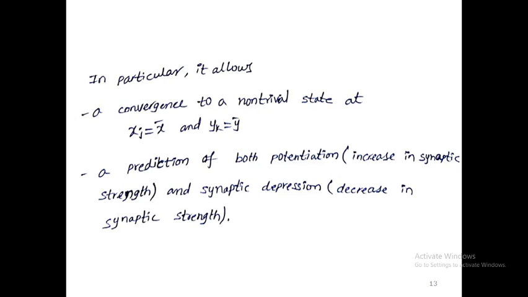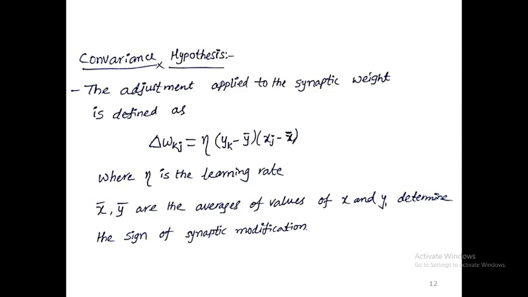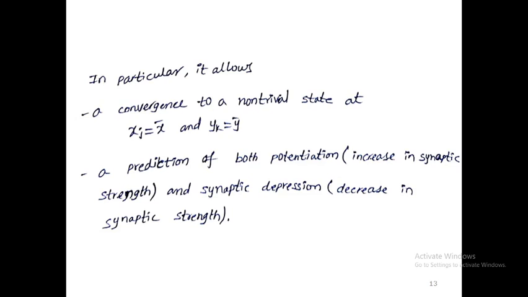So in this case, there is no change in the weights. Xj equal to x bar and yk equal to y bar means in the earlier equation yk minus y bar and xj minus x bar both will be 0, so the change in weight del wkj is also equal to 0. That's why it will converge.